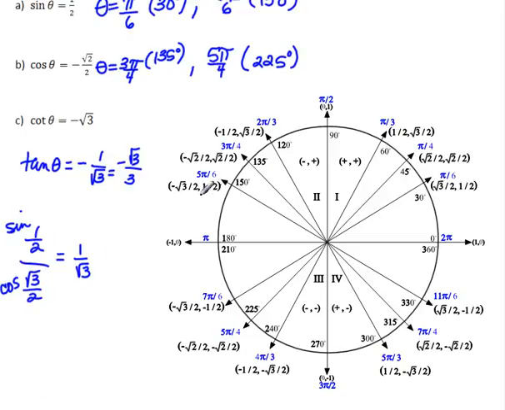So we would have either 5 pi over 6, which is also 150 degrees, or one in quadrant 4 that has the same reference angle. The reference angle here is 30 degrees. So we would see that here at 330 degrees, or 11 pi over 6.